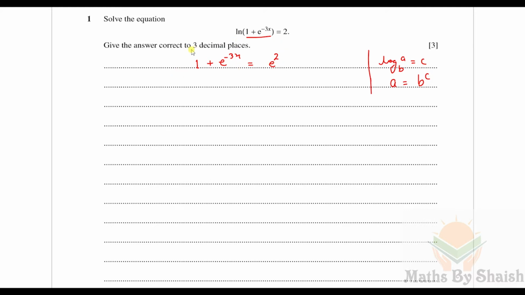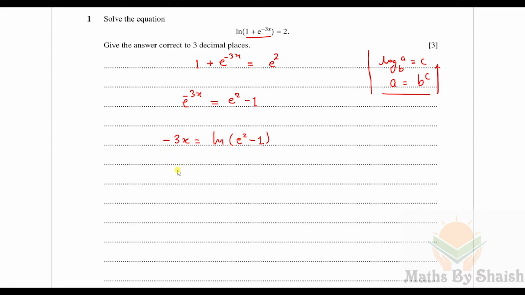Now we need to solve for x, so we will transfer 1 to the other side and we'll get e raised to the power minus 3x is equal to e squared minus 1. And now again let's take the log, the reverse process of the same thing. So we will get minus 3x is equal to ln of (e squared minus 1).